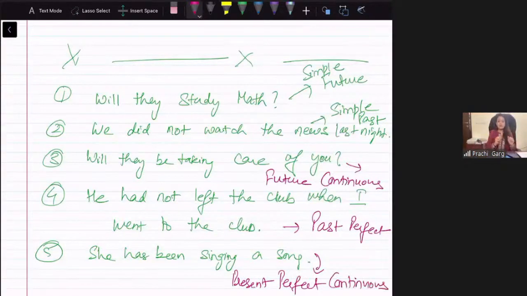If you got all five right, please write down all five. If you got four right, write down four, three right, two right, depending on your answers.